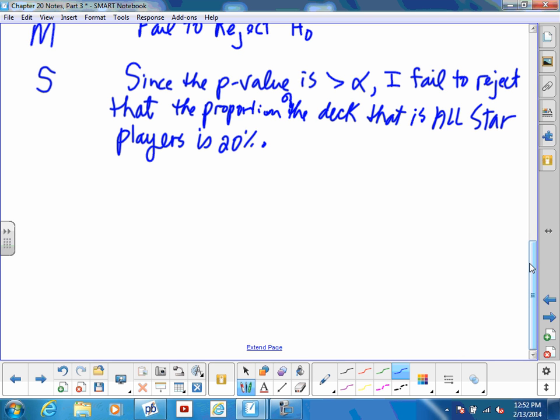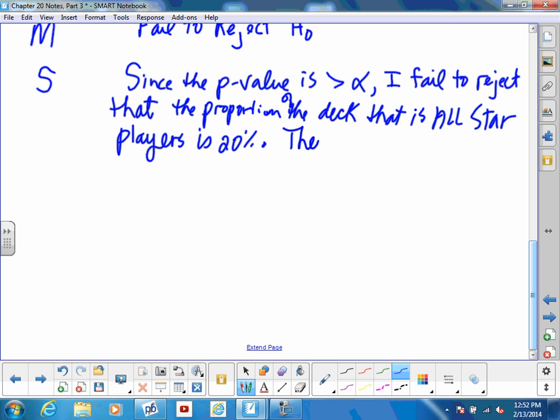So for this situation, did our sample give us evidence to tell them to reevaluate the process, or does our sample not give us evidence to tell them to reevaluate their thing? Does not. Very good.